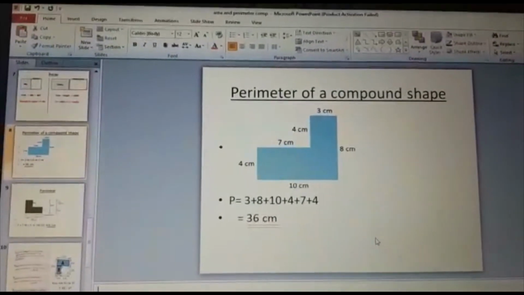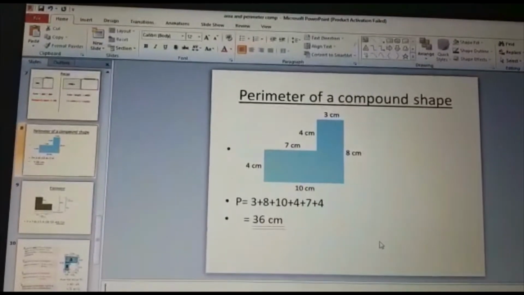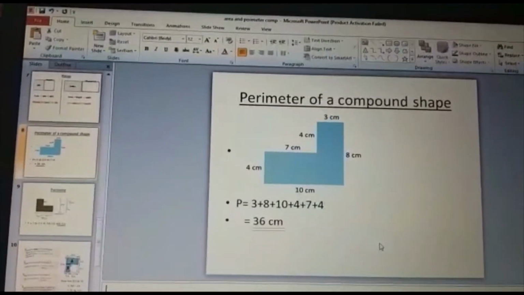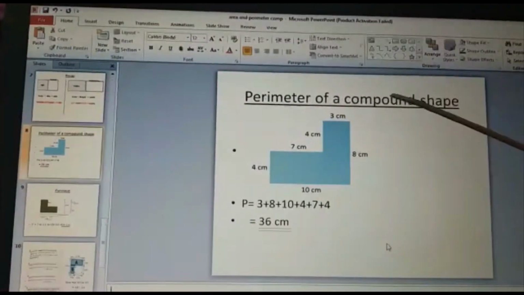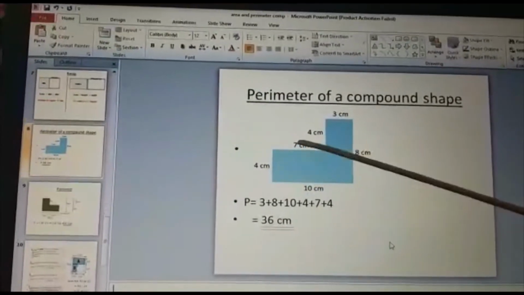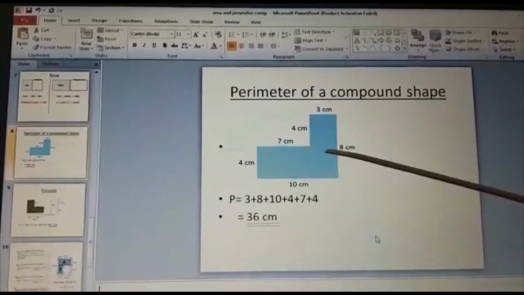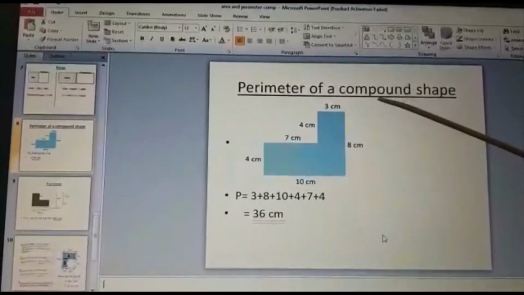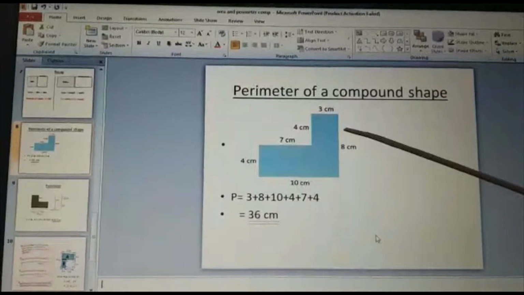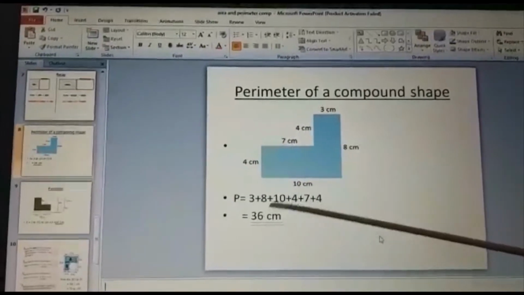What do you mean by compound shapes? Compound shapes means it is the combination of different shapes. Okay, in this itself, see here, what is the shape of this figure? Is it a rectangle or a square? It is not a rectangle, not a square, not a triangle. It is an L shape, is it?